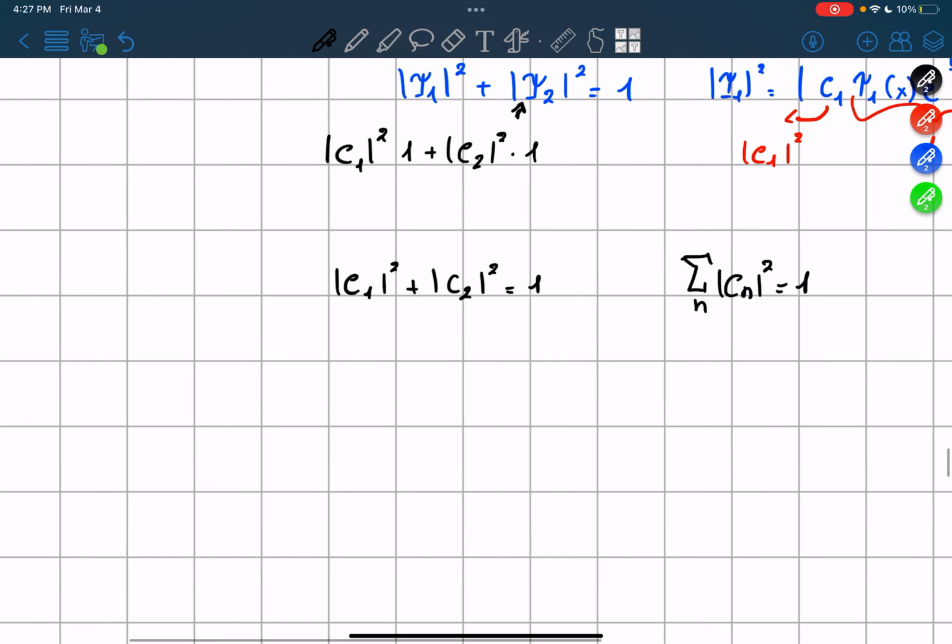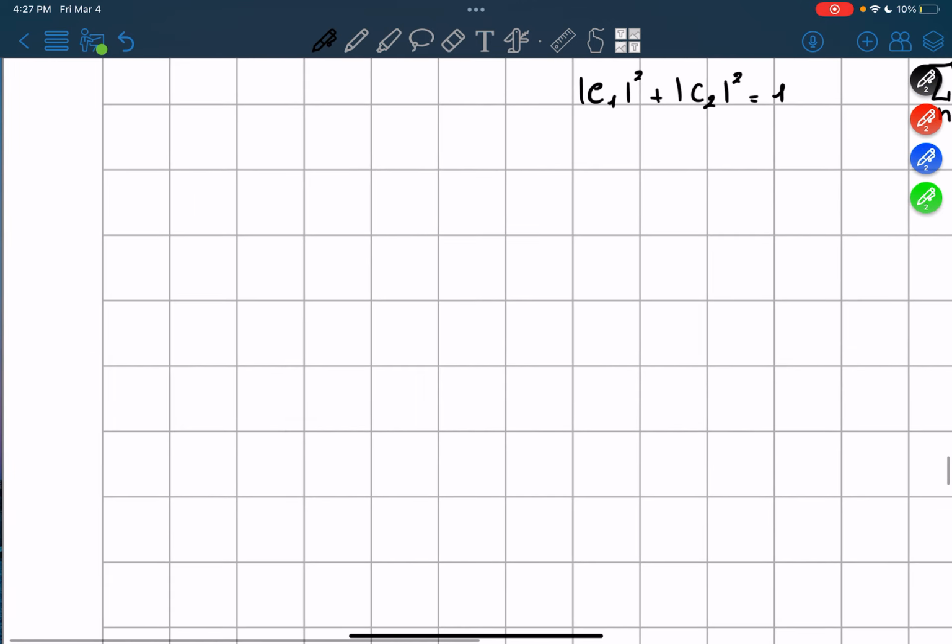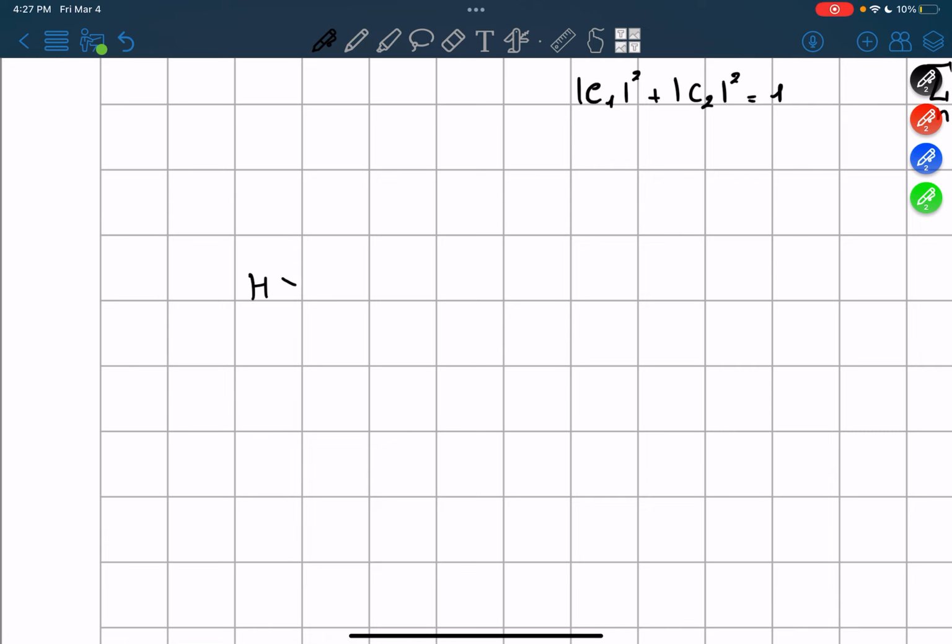And we can use it in our expectation of H. So we know that it's going to be equal to the sum of cn squared en, with n equals 1 going all the way to infinity.